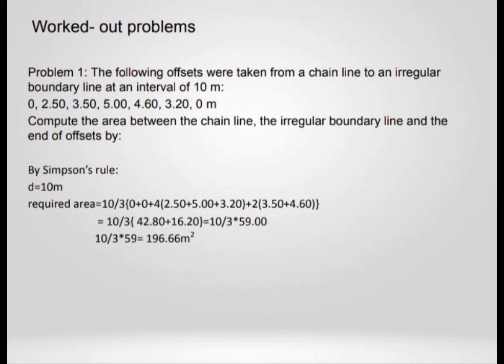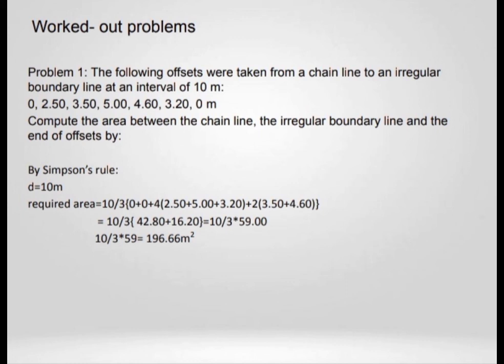Problem 1. The following offsets were taken from a chain line to an irregular boundary line at an interval of 10 meters. So we have here 0, 2.50, 3.50, 5.00, then 4.60, 3.20, then 0 meters. Compute the area between the chain line, the irregular boundary line, and the end offsets.